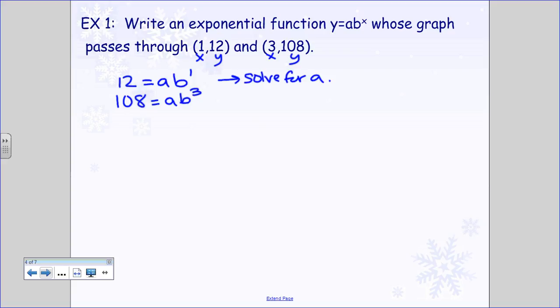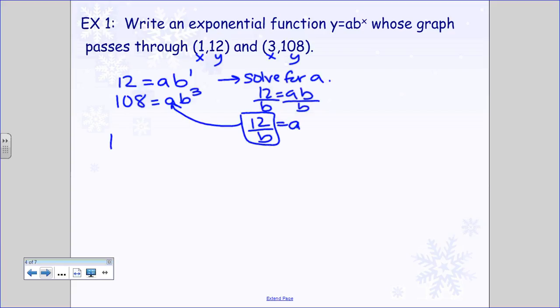So we get 12 equals a times b. So I've got to divide by b. So I have a is equal to 12 over b. Now I'm going to substitute this into this equation for a.